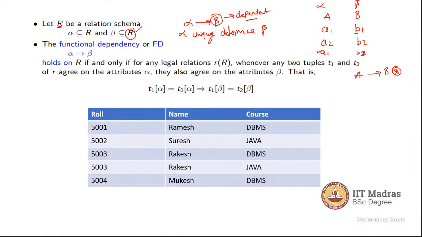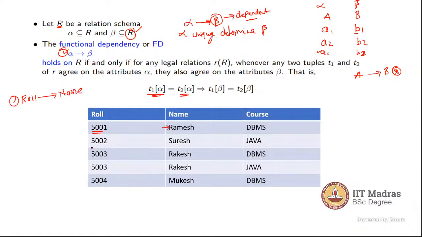The basic condition is to check that T1 alpha equals T2 alpha. Please note that alpha or beta may be an attribute or a set of attributes. Suppose here roll number. First we'll discuss roll number determines name. Roll number must uniquely determine name. Suppose roll number 5001 is determining Ramesh.